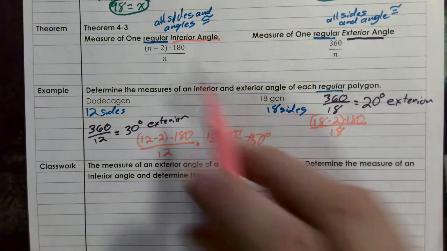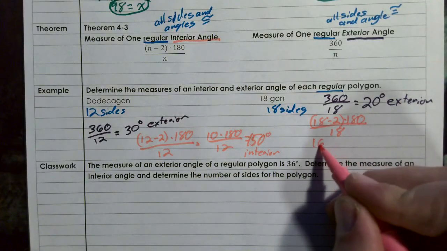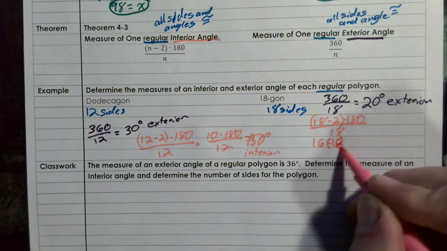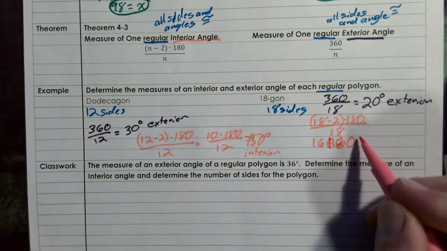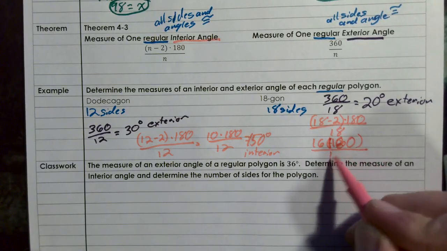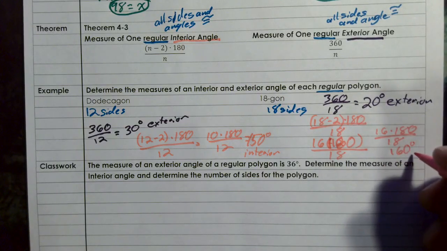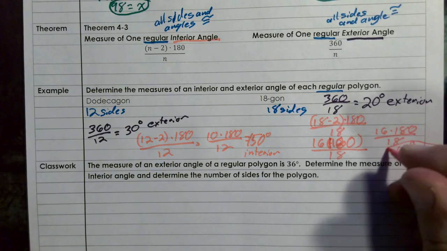So that's going to be 16 times 180, divided by 18. I get 160 degrees for my interior.